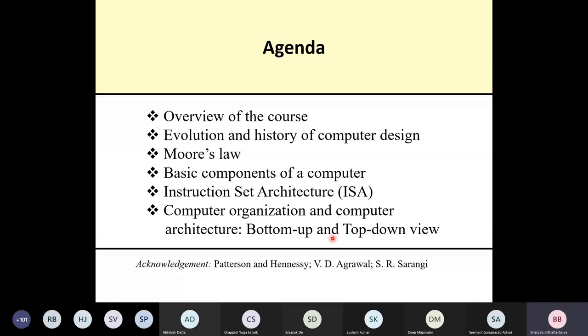What is computer organization and what is computer architecture? What does it mean to a layman? Please say something.